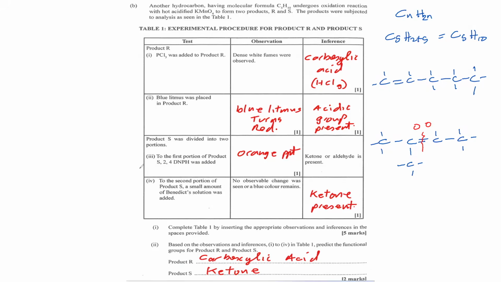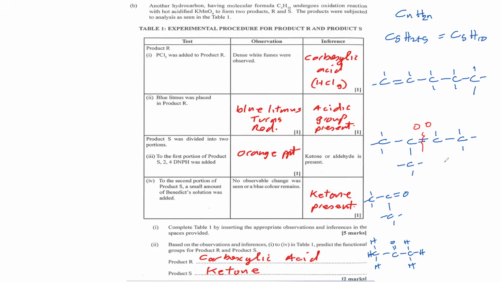So what we'd have is C, C, so this carbon, and then this carbon with our double bond O, that is our ketone, and we're going to just draw it out in a straight chain. So that's C, double bond O, C. So this is our ketone, and these are H's around the carbons.